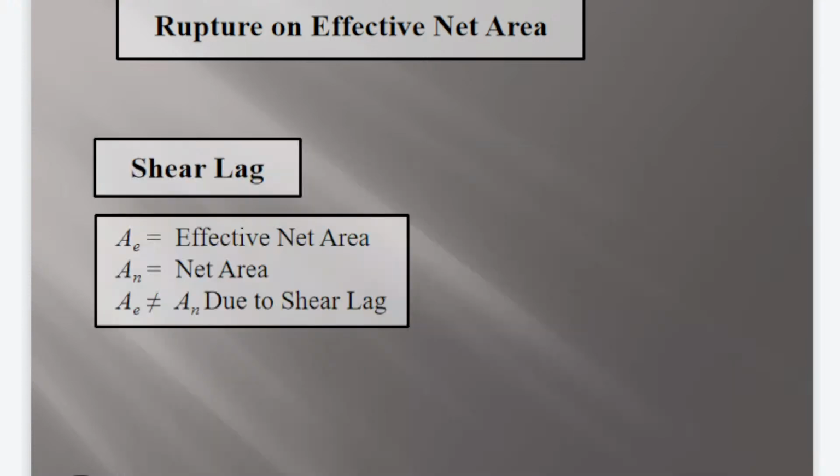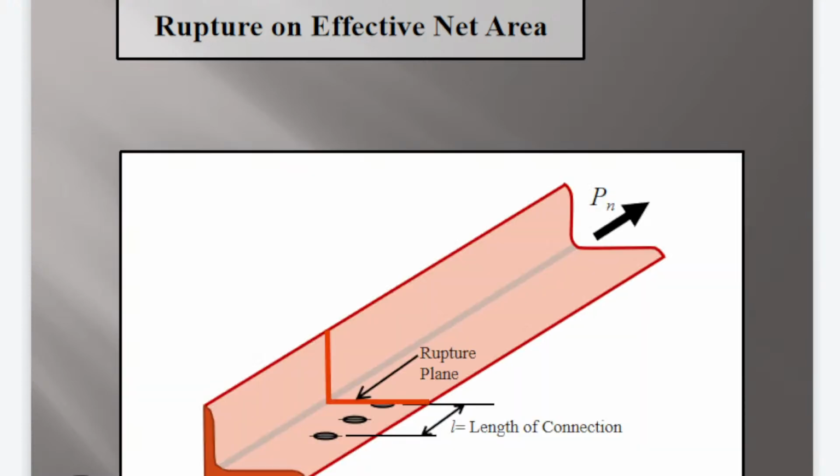And the rupture plane, where is it? It is the critical section, the section nearest to the tensile load, the leading holes, the leading bolt line. That is the rupture line.